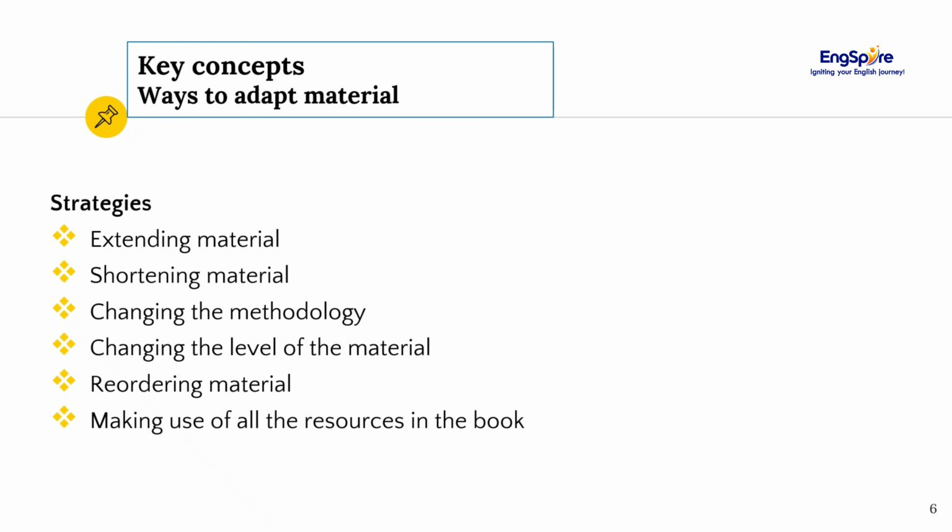There are 6 ways to adapt material: extending material, shortening material, changing the methodology, changing the level of material, reordering material, and making greater use of available resources in the book. Let's look at each one with examples.